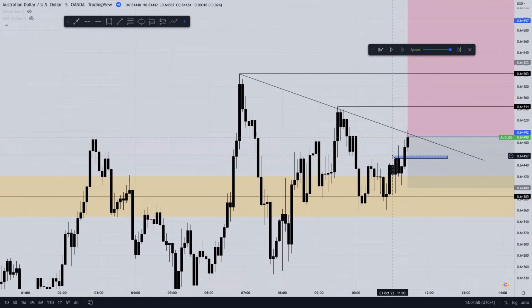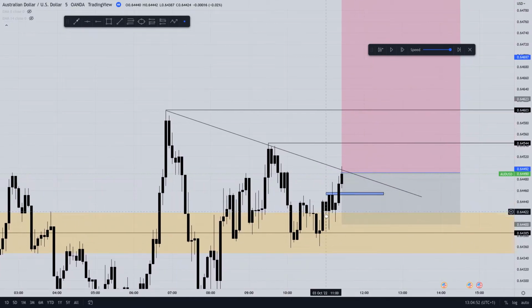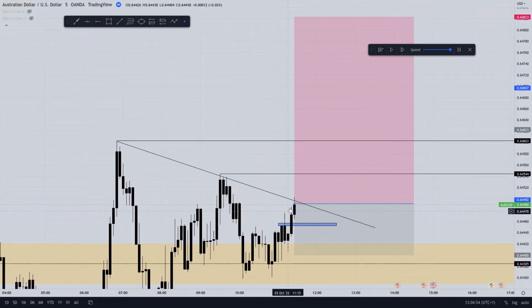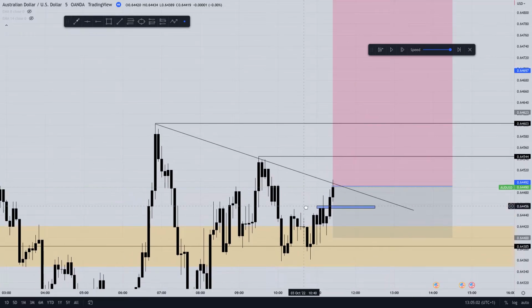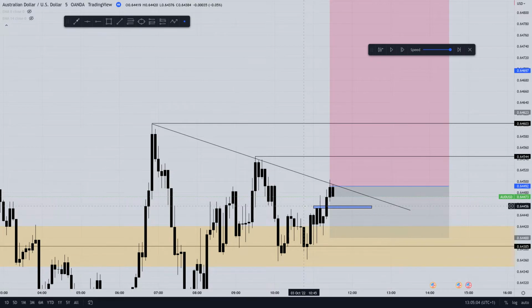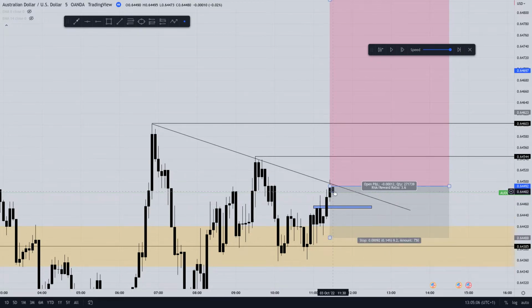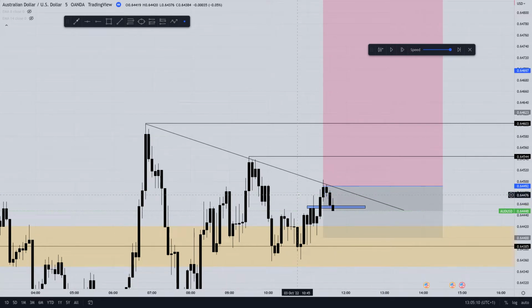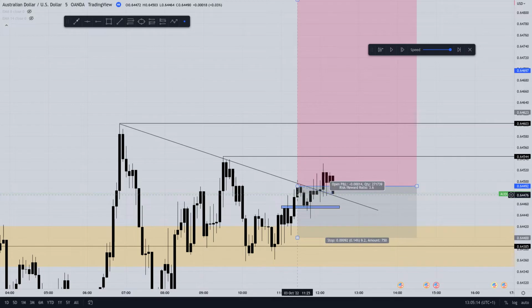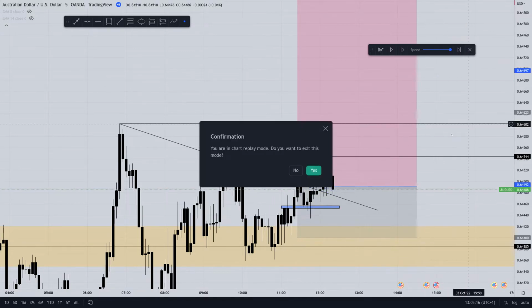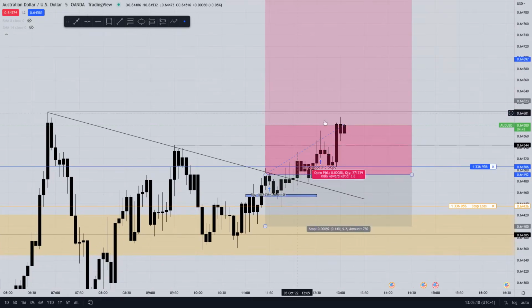It broke the high of this structure, and I took a buy because I saw some momentum, and price is rejecting this level quite a bit. So I took the position, put my stop loss down here, a good 10 pips, and I wasn't in drawdown to start with. Price continued up, broke the trend line, and we are currently here, as you can see.